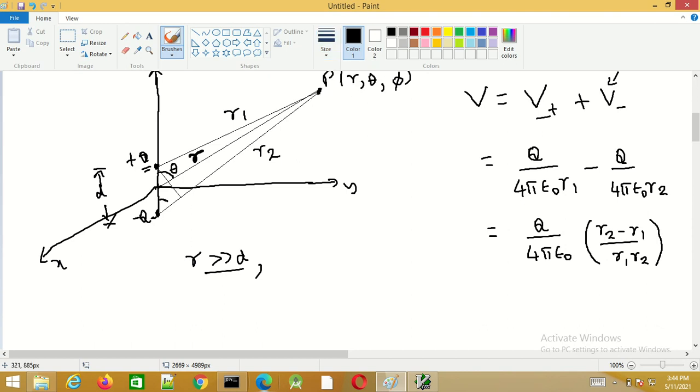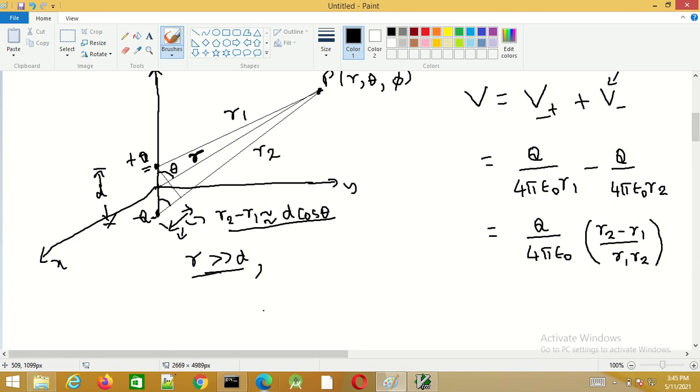If r is greater than d, in that case we can see that this angle is almost equal to theta, and R2 minus R1 is approximately equal to d cos theta. Actually this distance is d cos theta, and this is justified under the assumption that this r is very much greater than d.